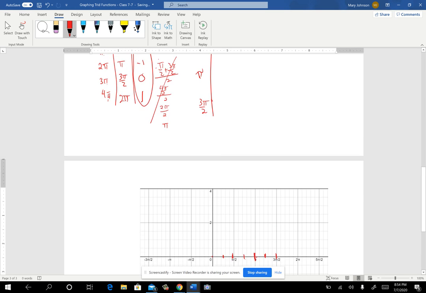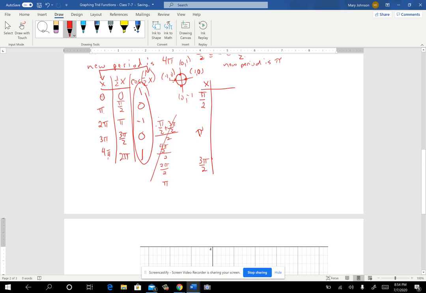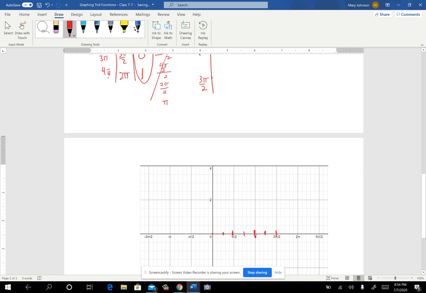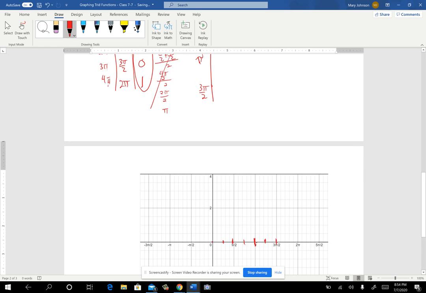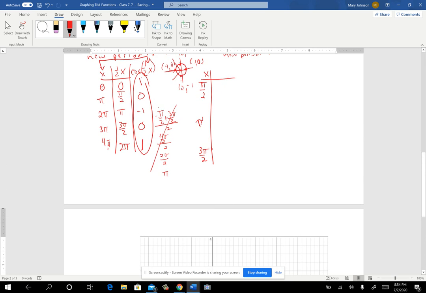You can think about it in the coordinate plane, or you can think about it, if it's easier for you, on here. So you got the halfway between pi over 2 and 3 pi over 2, and see how that was pi. And then you need the halfway between this and this. So sometimes just looking at the unit circle or looking at the coordinate graph, I can find those locations.